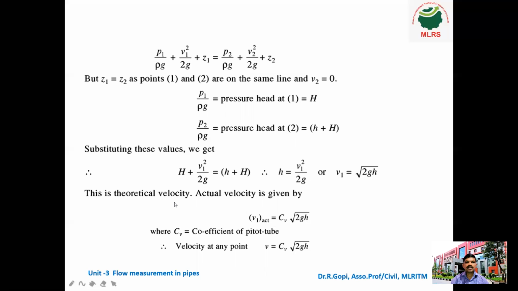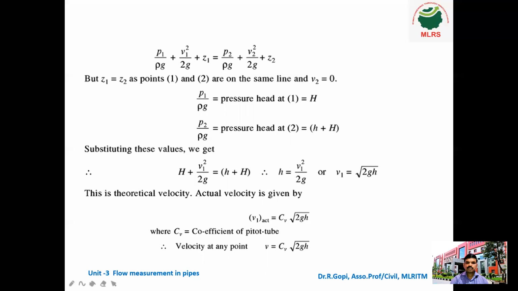This is the theoretical velocity. So the actual velocity is given by V1 actual equal to Cv into root 2gh. As in our previous case, actual discharge and theoretical discharge, in the same way here we have actual velocity and theoretical velocity.